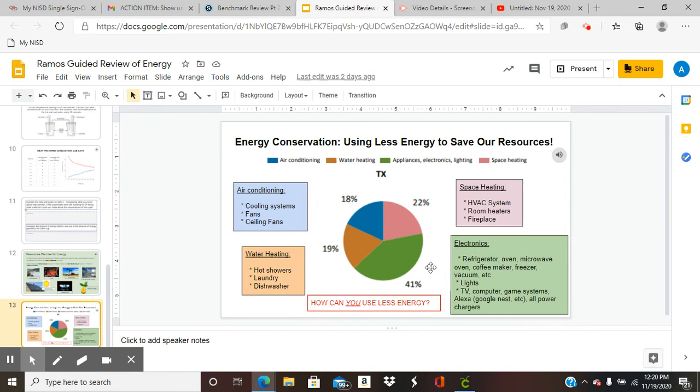And you could see here that what a lot of people use a lot of the time is electronics, the refrigerator, the oven, the microwave oven, the coffee maker, freezer, vacuum, lights, TV. And this is what a lot of people are using. Look at the percentage, 41%. Okay. So, air conditioning, 18%. So how can you see yourself use less energy?